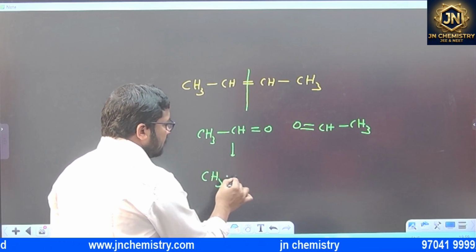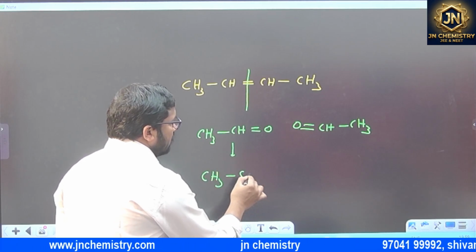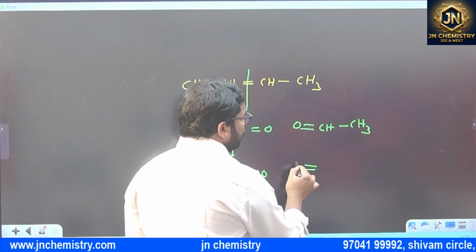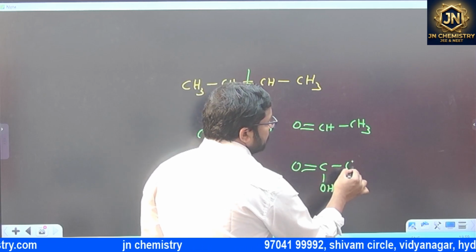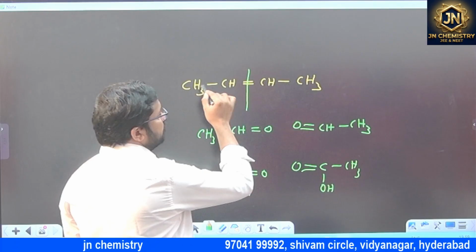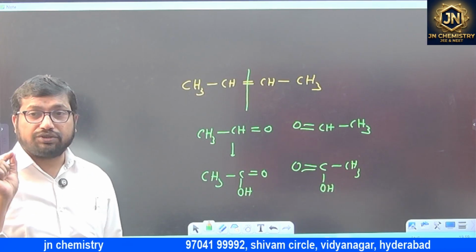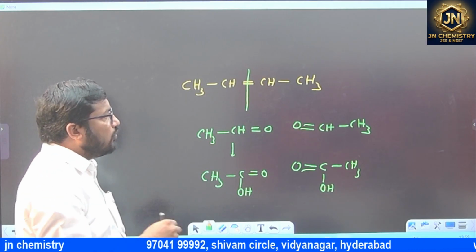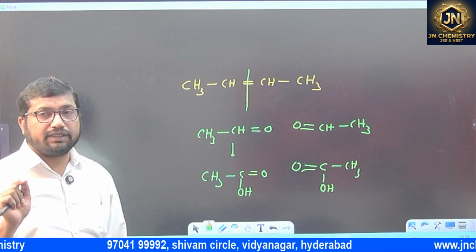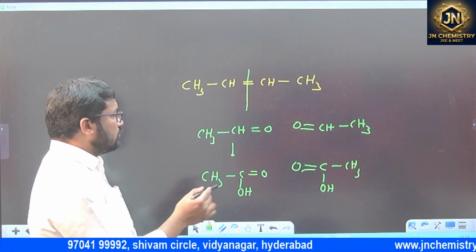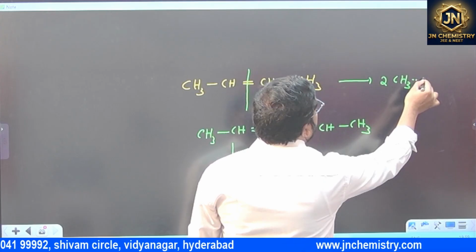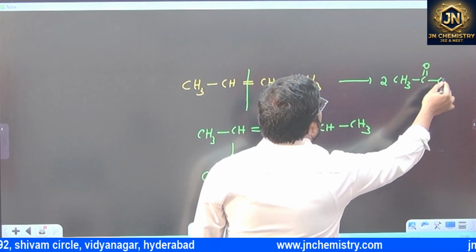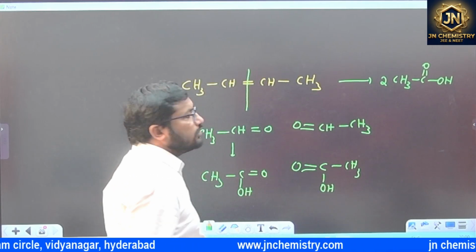CH3, C OH double bond O. Here also C double bond O, the hydrogen replaced with OH, CH3, but not the adjacent carbons, only the double bond hydrogens. Only double bond hydrogens we need to replace with OH. So 2 moles of what we will get? Acetic acid we will get. 2 moles of acetic acid.